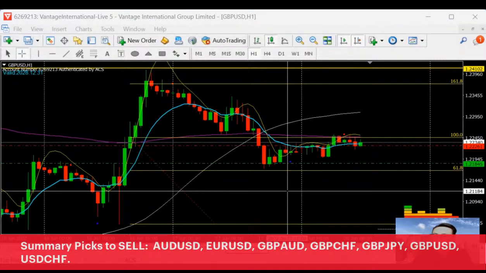RSI is still below 50. Okay. Now we are approaching the 4 hours opening.